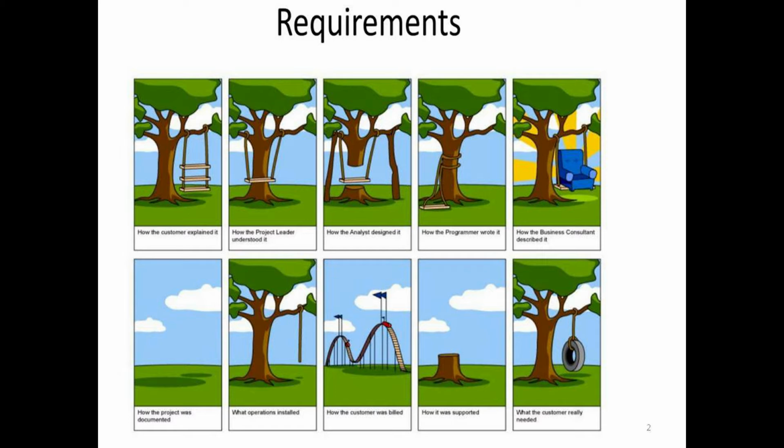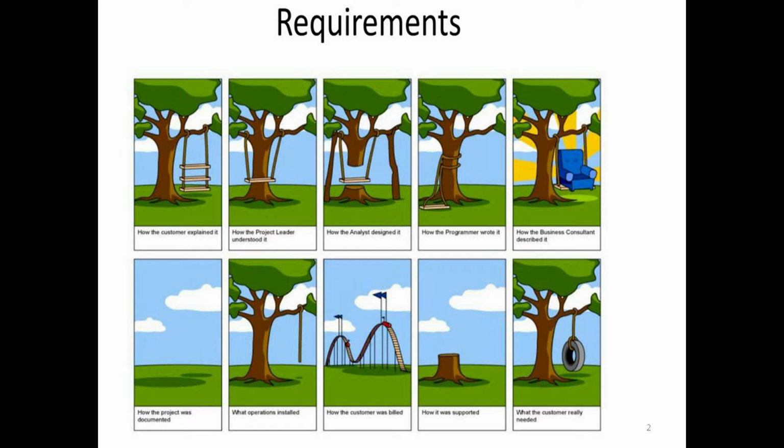So what the customer needed at the start is totally different from what they described. It's a lot of factors involved, and everybody describes it differently. So things change, right? The picture should be the same and consistent.